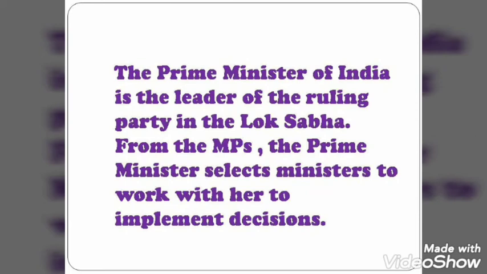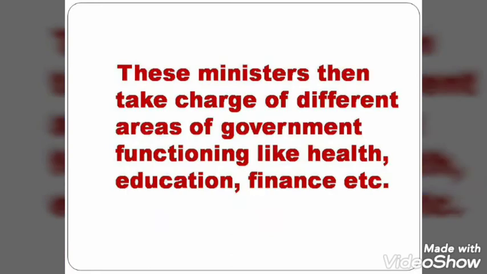The leader of the ruling party will become the Prime Minister, and from the other MPs, the Prime Minister will select the ministers who will take charge of different areas, like Home Minister, Education Minister, Health Minister. So the Prime Minister decides from these MPs who will deal with which department. This is another function. That is what we have finished here.